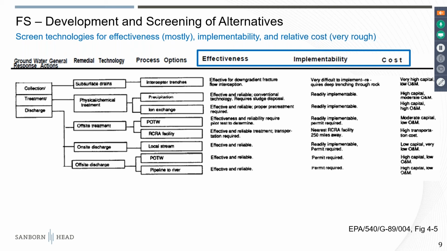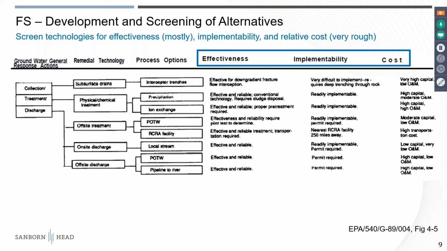And then for each of those technologies, there can be a further division into different process options, things like precipitation or ion exchange, just as a hypothetical example. And then the screening happens across the top there, with effectiveness, implementability, and cost. At this stage of the screening process, effectiveness is the most important part of narrowing down your technology list.